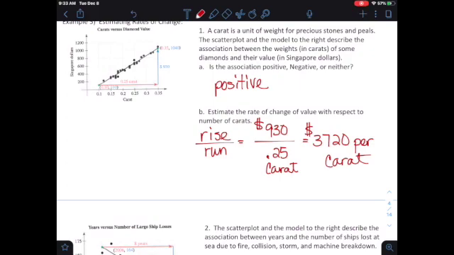Another way you can do it is by slope, which is going to be this y minus that, and then this x minus that. So you can do 1040 minus 110 over 0.35 carat minus 0.10 carat.